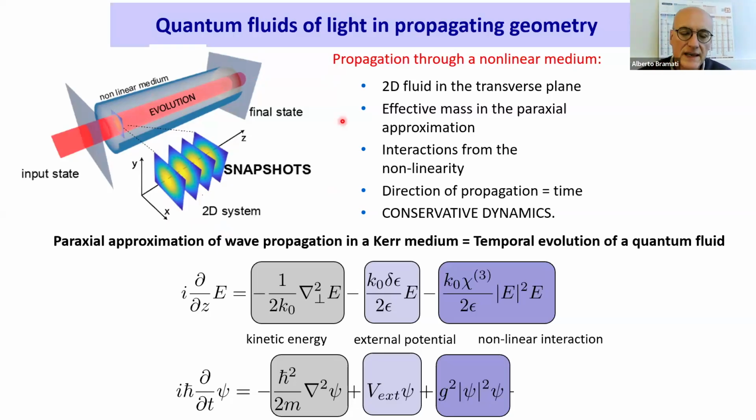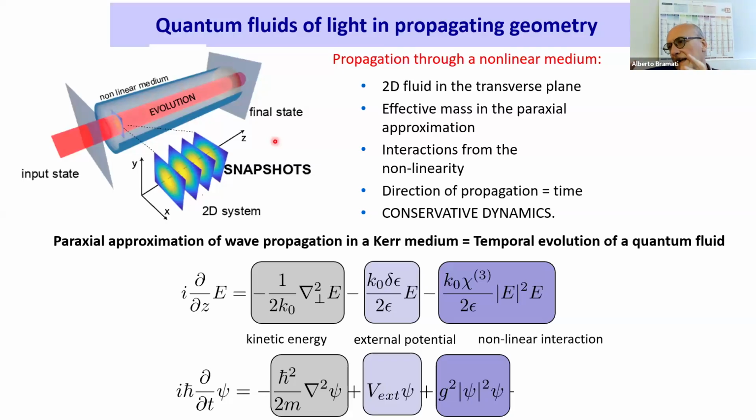Also in this case, the quantum fluids are two-dimensional because they are essentially living in the transverse plane of the beam. The confinement of the photons and then the effective mass is given by the fact that the transverse shape of the beam is Gaussian.